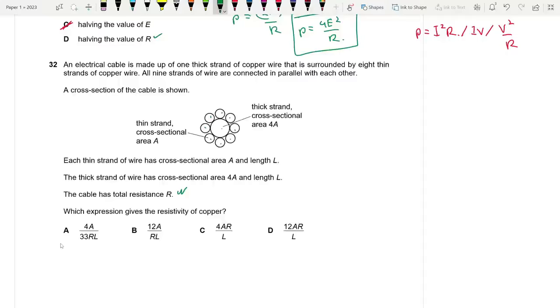So let's check this. We know that the formula for resistance is rho L by A. So we have 8 of these thin ones. And for the thick one, R is equal to rho into L by 4A, one of this. They are connected in parallel, the 9 strands essentially.